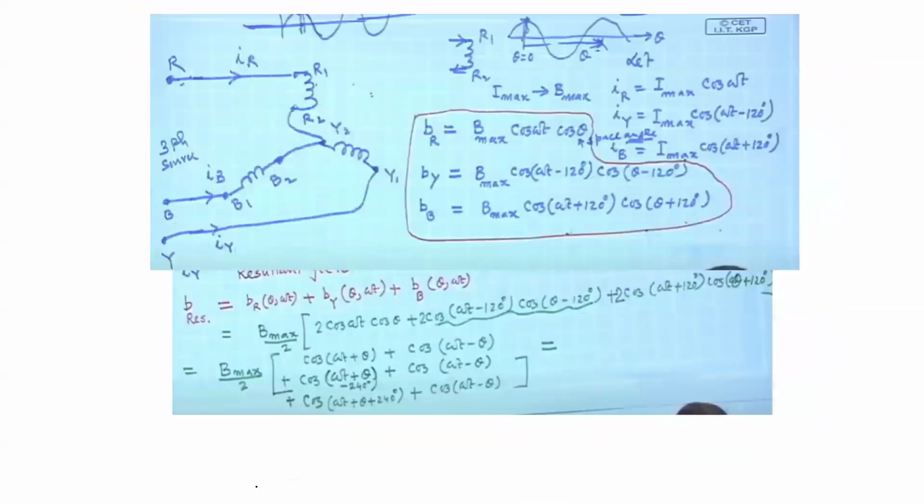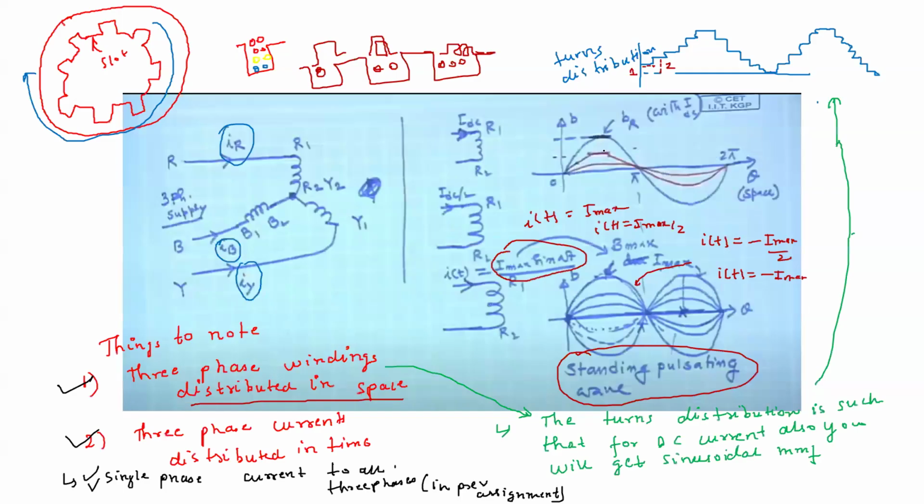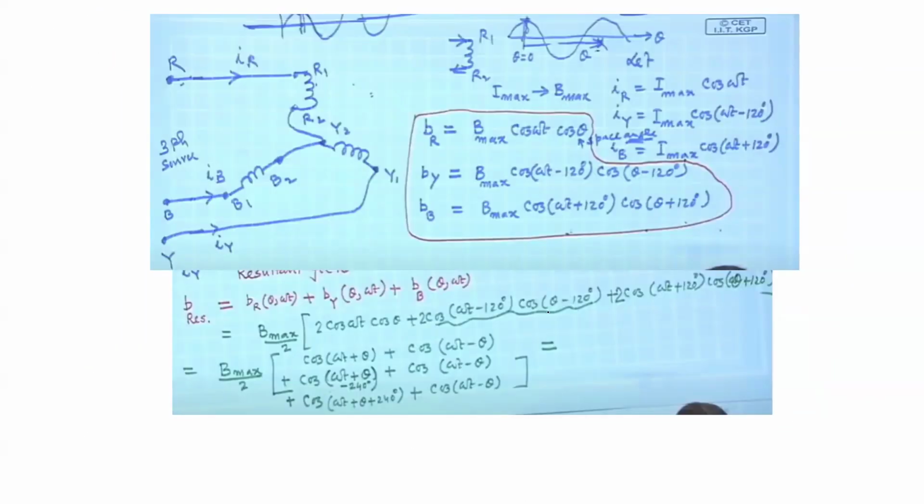Okay, so now let us come here. As I said earlier, now we will give three phase currents distributed in time. So these are the three phase currents which are distributed in time. You can see cos omega t, then there is a 120-degree lag because of the distribution in time.